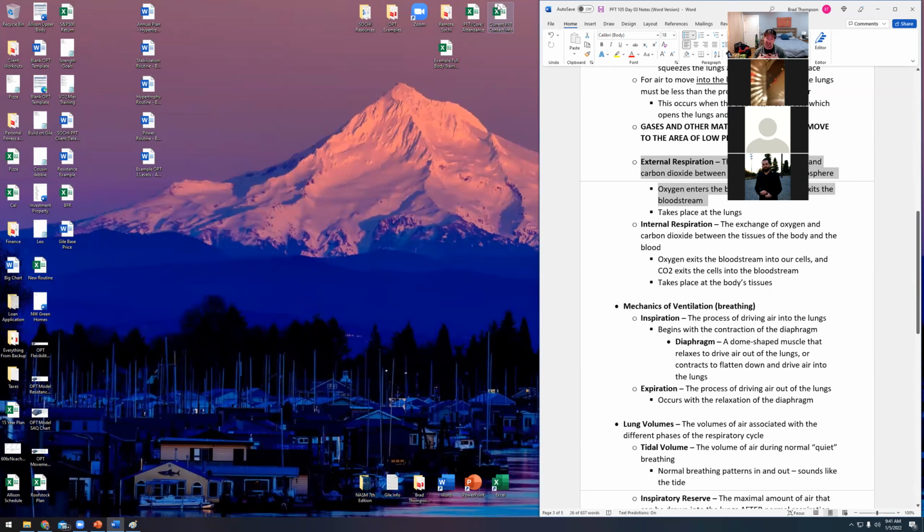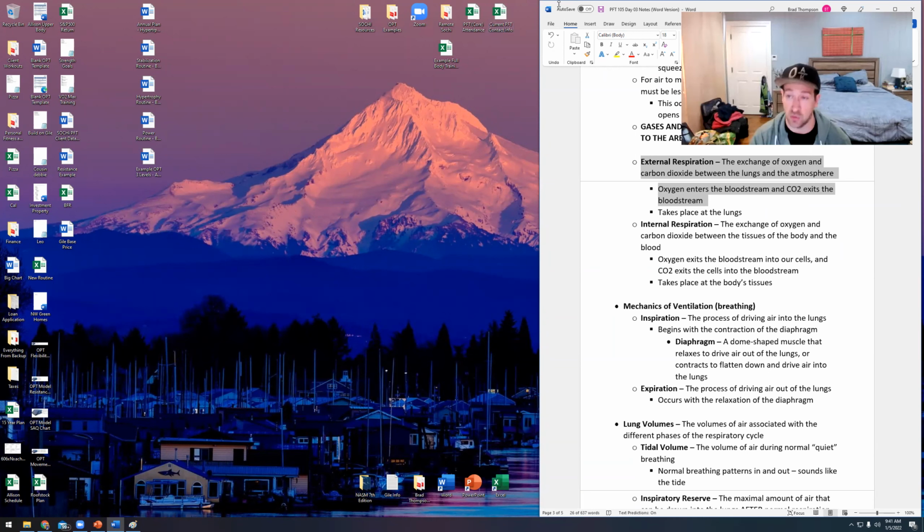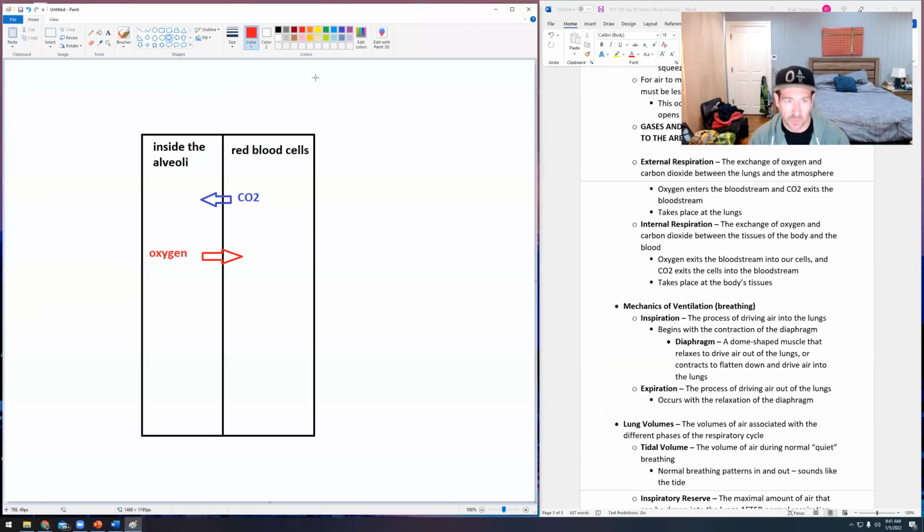Now, this is taking place in your lungs, but again, your lungs are a part of the atmosphere that happens to be running through your body currently, right? It is the outside world being exposed to the inside world part of you, right? So we're going to take a look at this. This is inside the alveoli, and these are red blood cells, right?